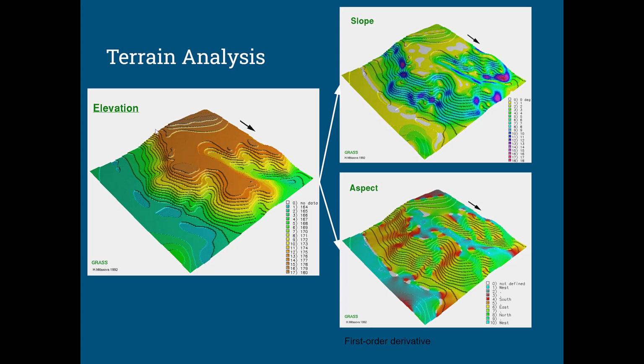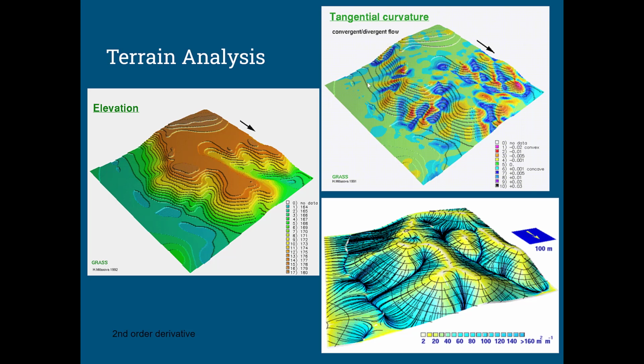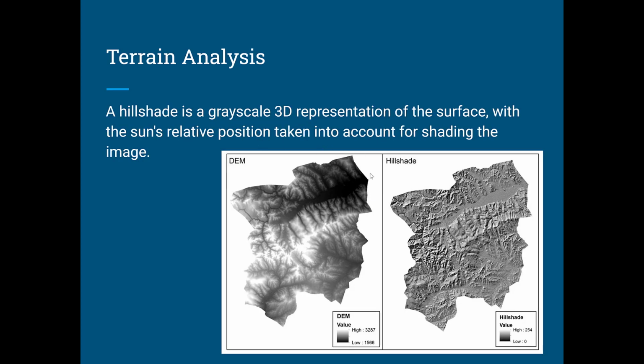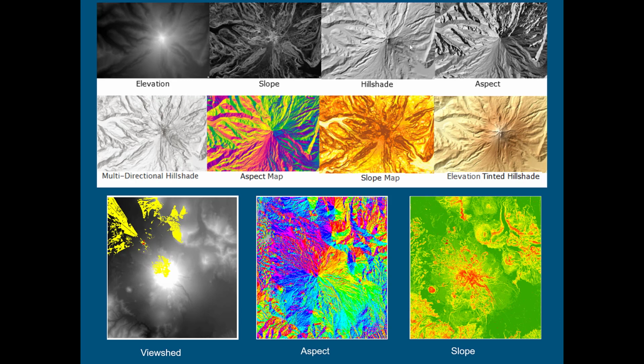You can use the tools to generate slope, aspect, terrain curvatures, and many others, like how the sun illuminates our terrain surface. You're going to generate another secondary data layer called hillshade. So you can generate a lot of data layers to characterize your terrain attributes.